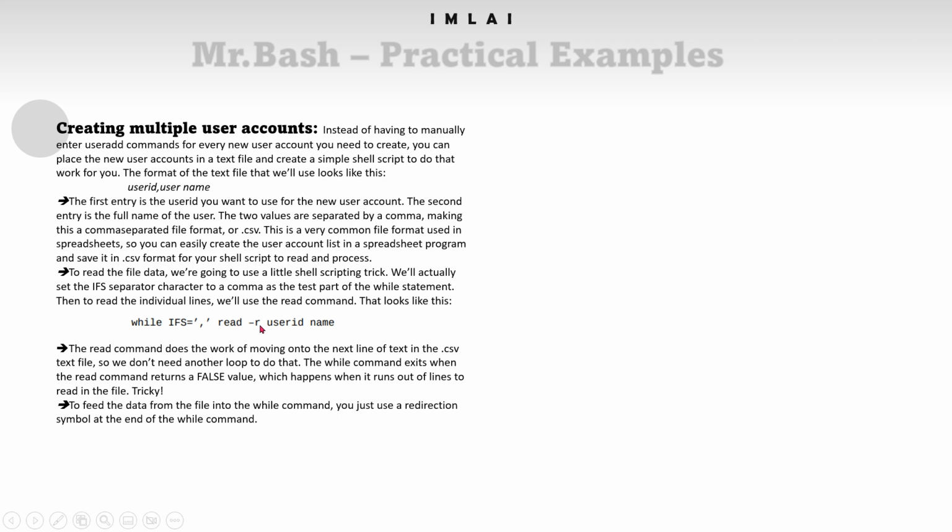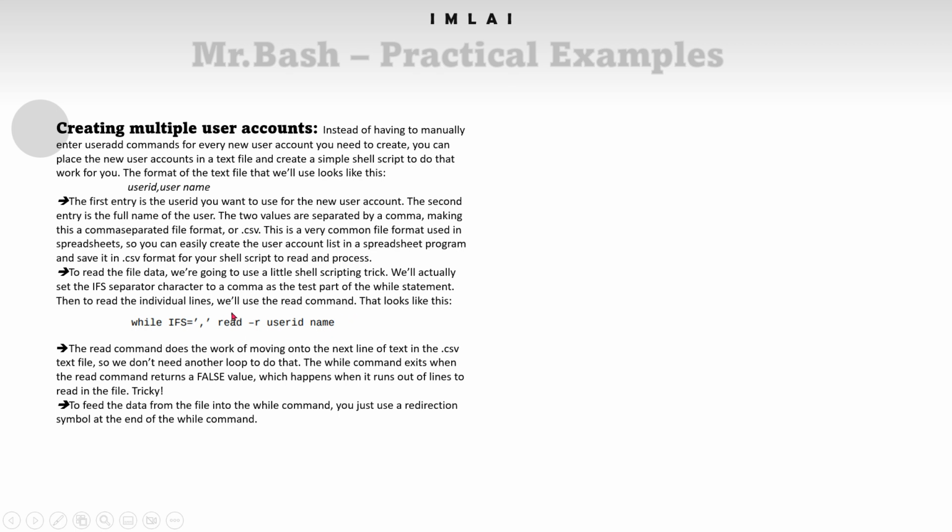We are going to use a little shell script trick here. We will actually set the IFS separator character to a comma as the test part of the while statement. Then to read individual lines, we will use the read command.